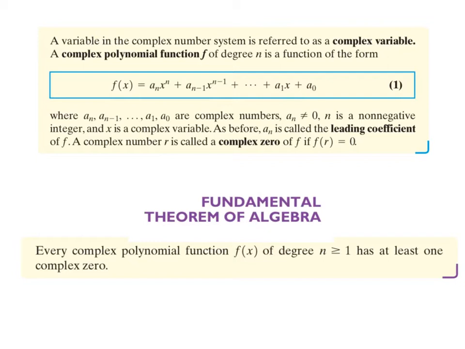And that's all to say that every polynomial function can be factored, and they may have all real zeros. They may have all complex zeros, or they may have some combination of both, but we can factor every polynomial using complex numbers if they don't have real zeros. That's what I'm getting at here.